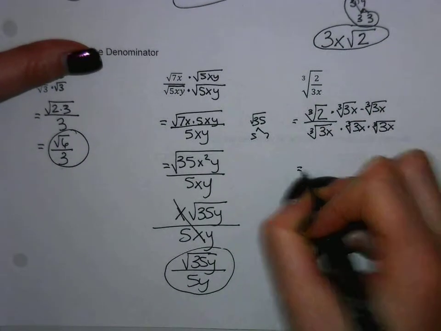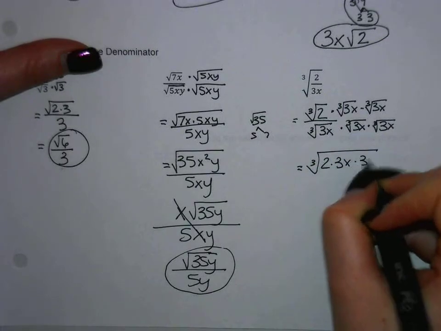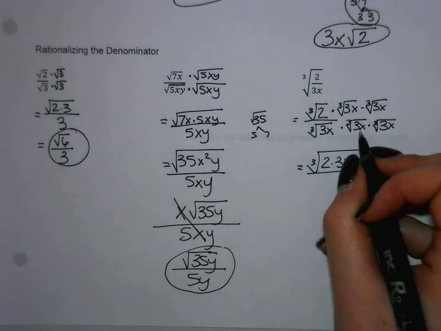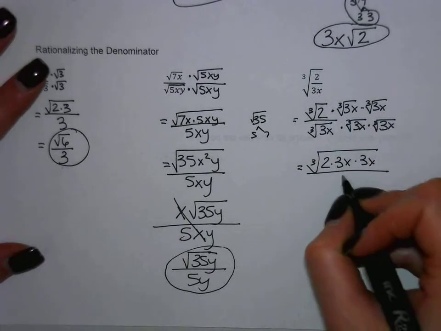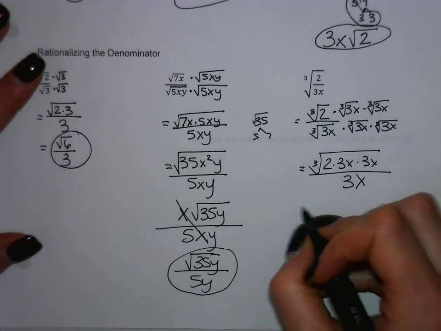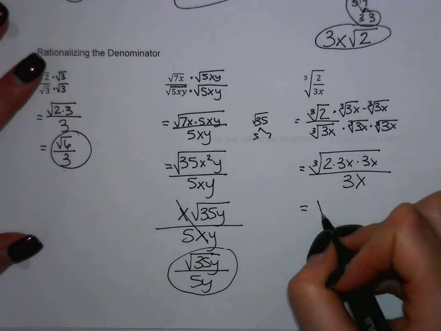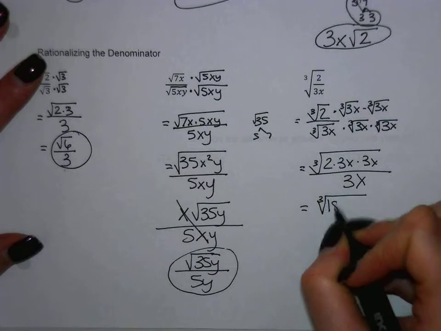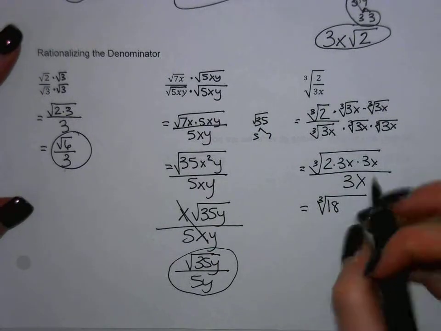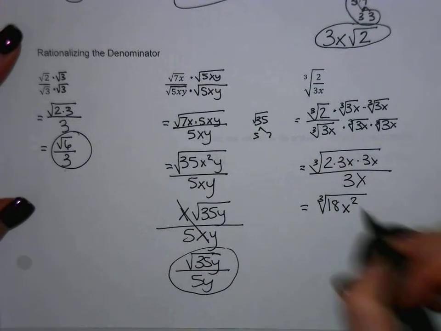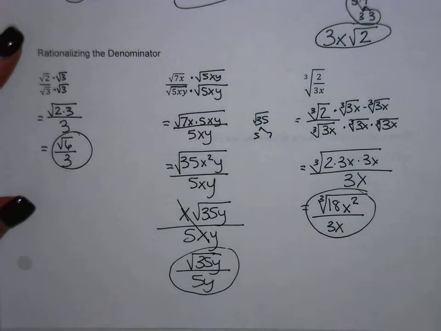In our numerator, we're going to have the cube root of 2 times 3x times 3x, all over 3x, since the cube root of 3x times the cube root of 3x times the cube root of 3x is 3x. If we simplify this, 2 times 3 times 3 is 18. We know we can't factor that, so this is going to stay as the cube root of 18x squared divided by 3x. And that's our final answer. It does not simplify anymore.